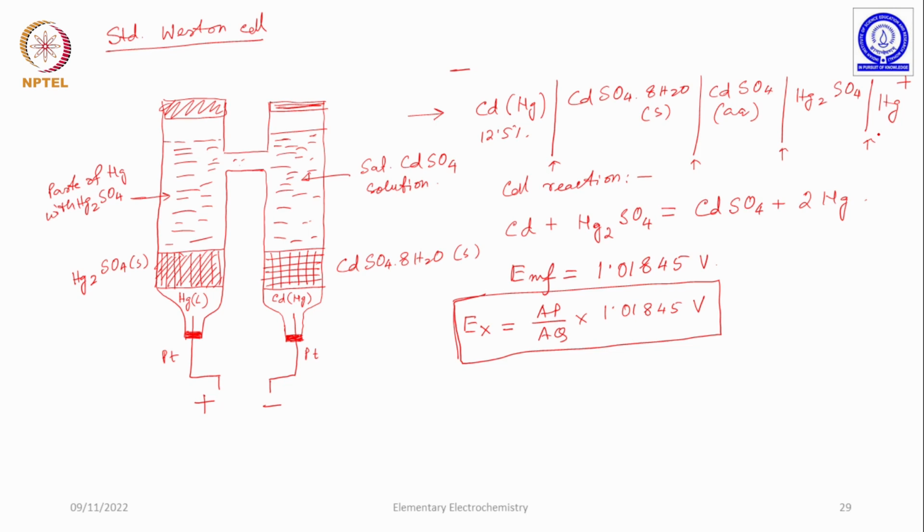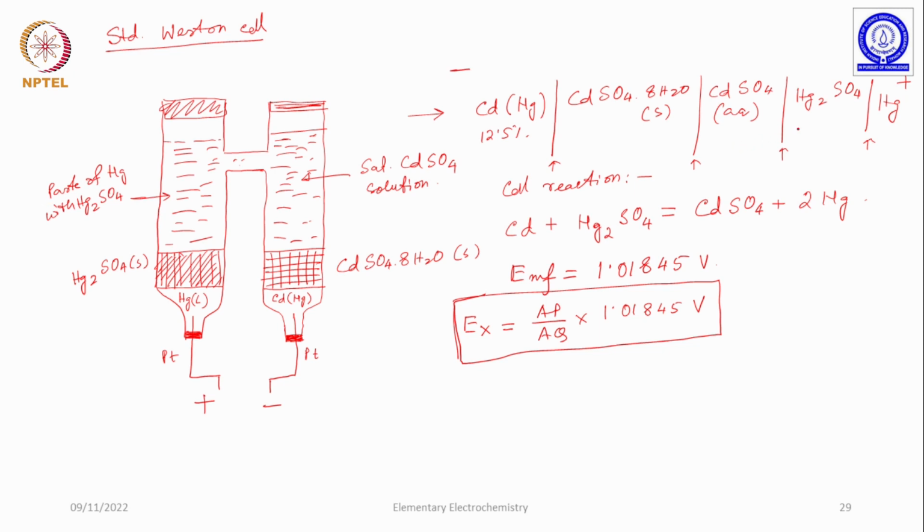We will then discuss the difference between a single line and a double line. For the time being, the single line here indicates the phase boundaries. Here it is mercury liquid, which is in connection with mercurous sulfate solid. So, there is a boundary. Then this mercurous sulfate solid is in equilibrium with a boundary, which is a paste of mercury with mercurous sulfate.